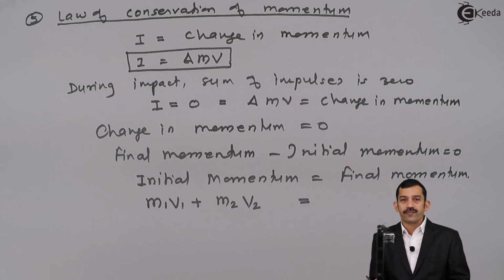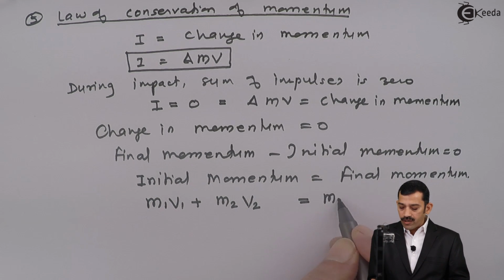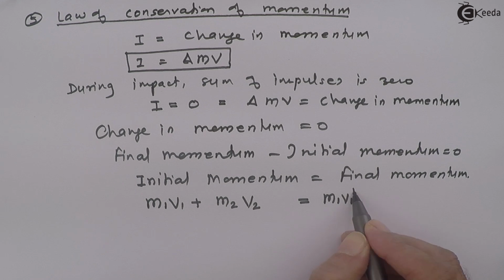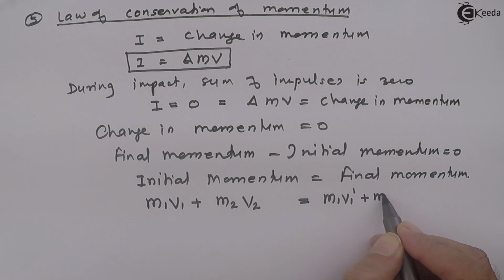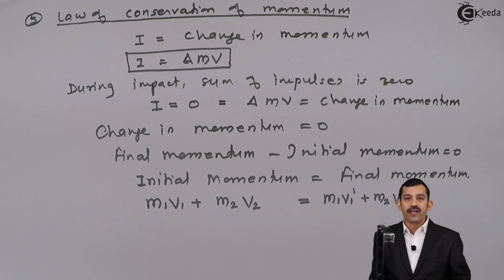After impact, the velocities of the bodies change. Therefore the final momentum of the first body is m1 v1 dash, and for the second body, m2 v2 dash, where v1 dash and v2 dash are the velocities of bodies 1 and 2 just after impact.